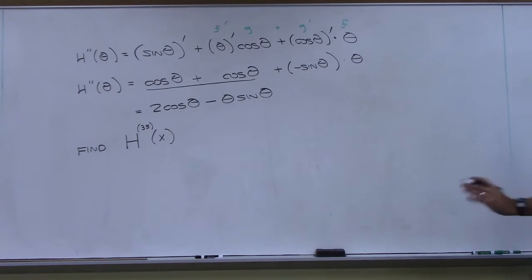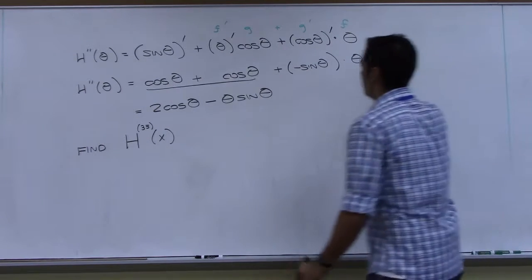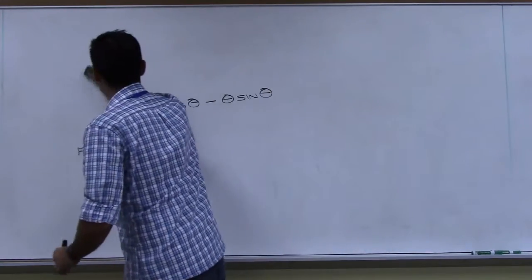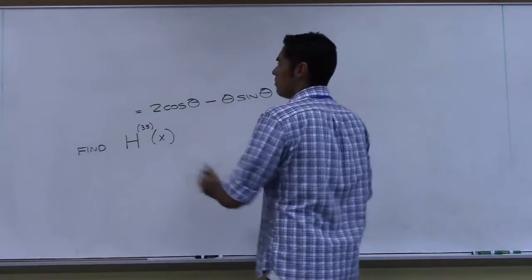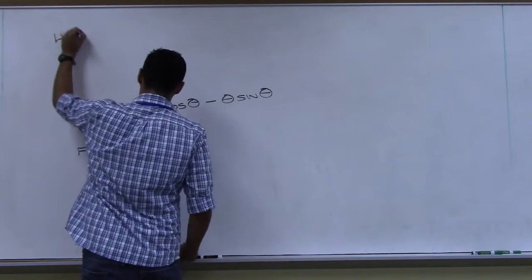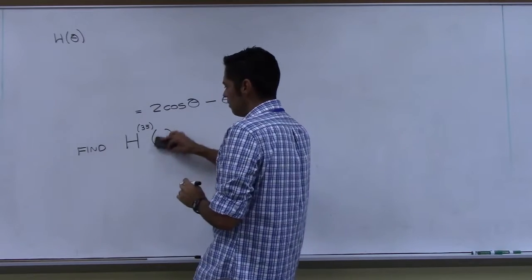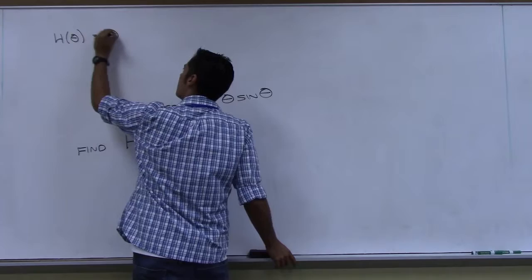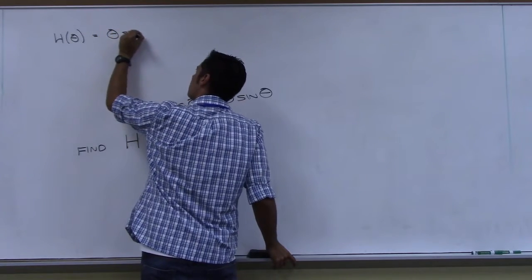All right, so let's write down what the derivatives were again. All right, let me erase this. The original function, oh wait, sorry, of theta. The original function was theta sine theta.